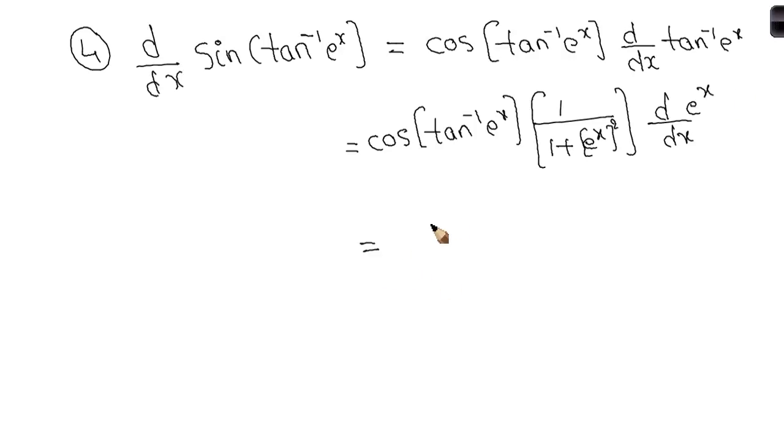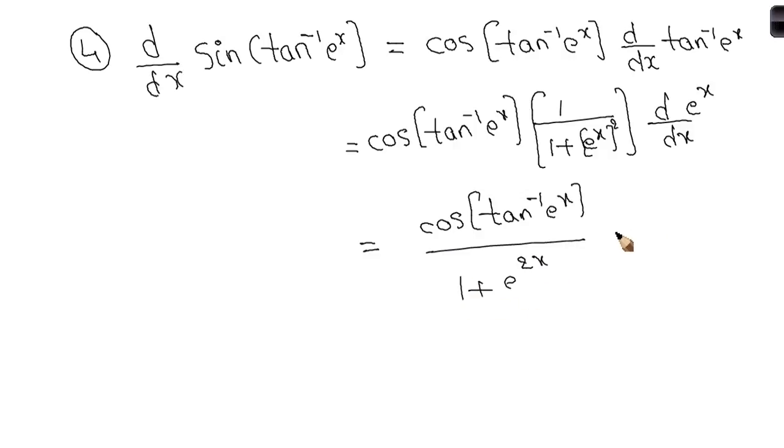So that would be cos of tan inverse of e power x upon 1 plus e power 2x into the derivative of e power x, which is e power x. This should be one of the forms.